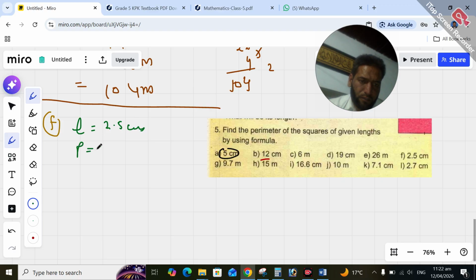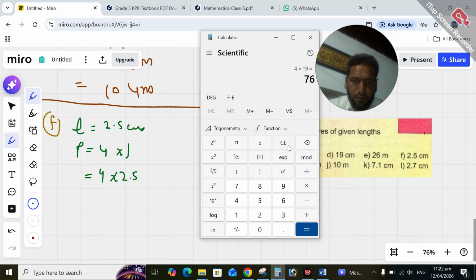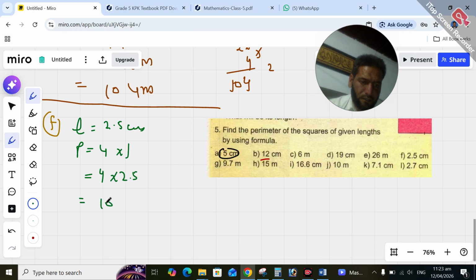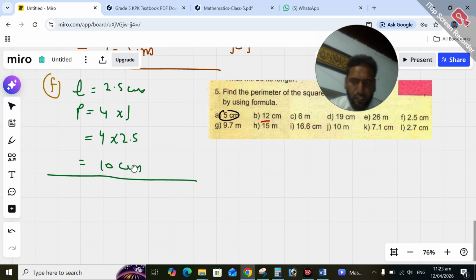Perimeter of the square is denoted by 4 multiplied by L. Here 4 multiplied by 2.5 is equal to 10. This is 10 centimeter is the required perimeter of the square.